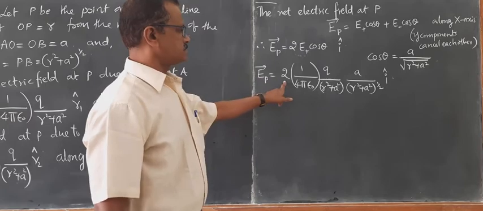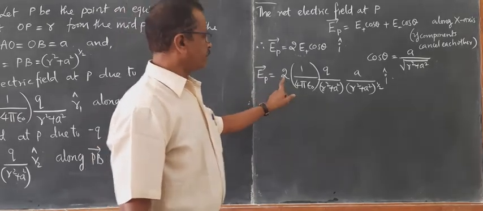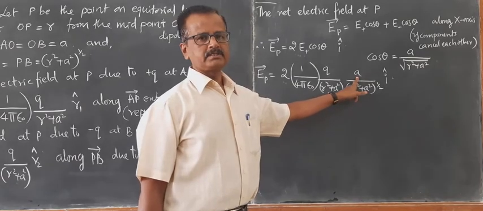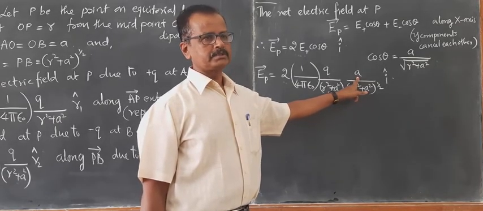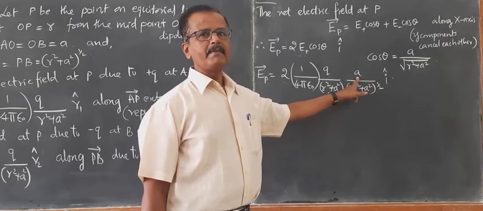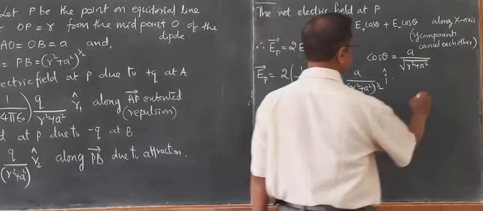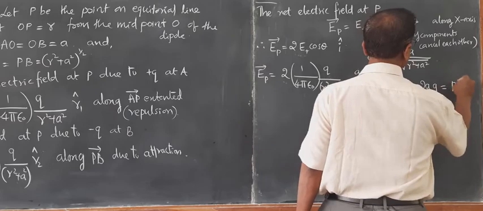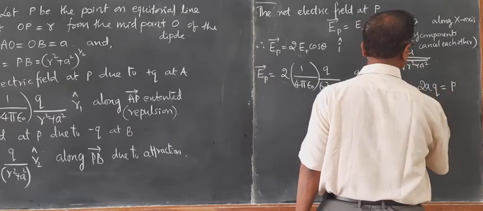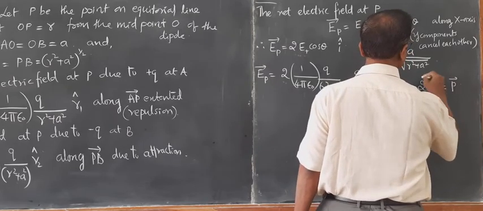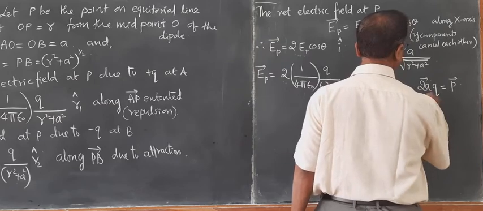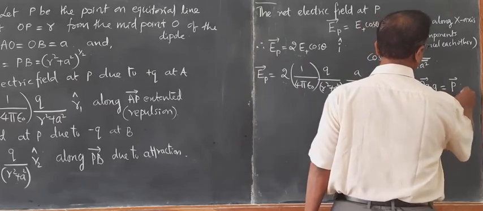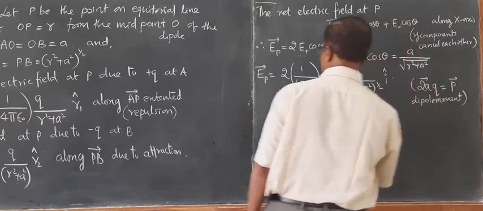Now look at this numerator. In the numerator you are getting 2qa. From the previous discussion, we know it is the dipole moment. 2aq is denoted by the dipole moment p, where p is the dipole moment vector. So I will substitute.